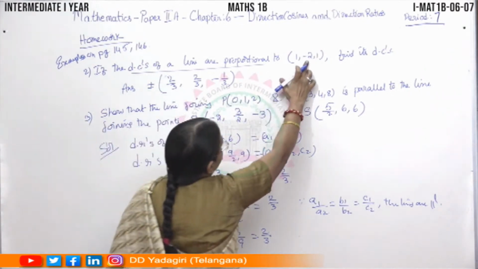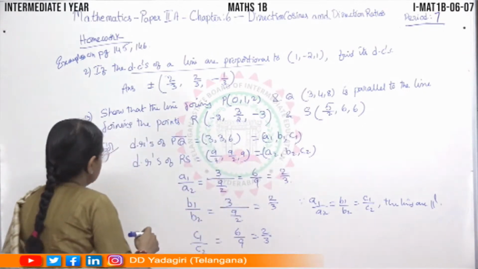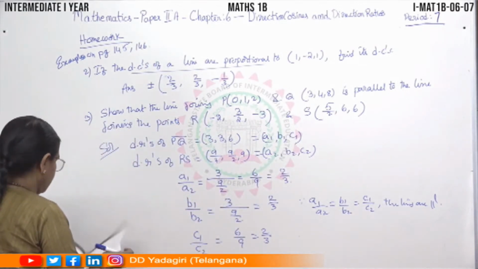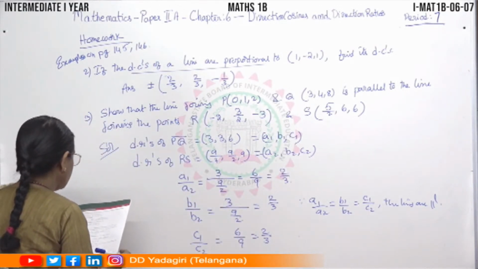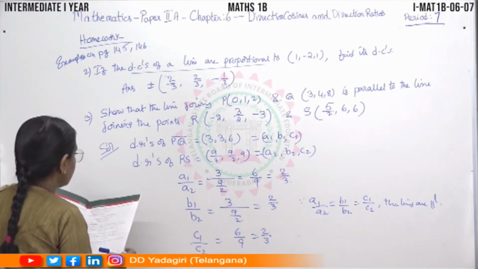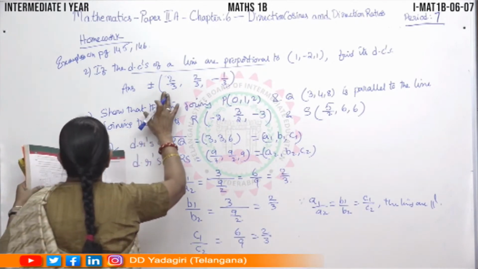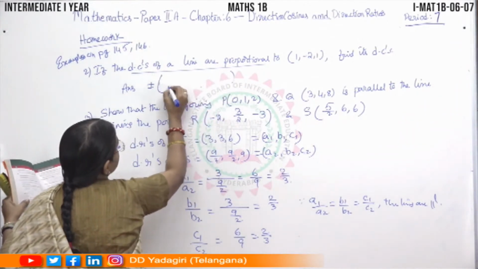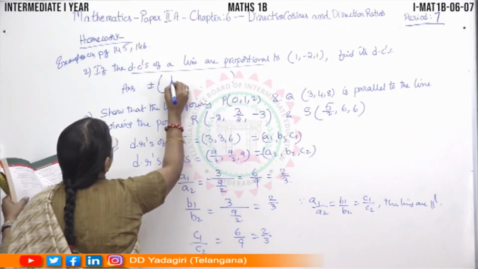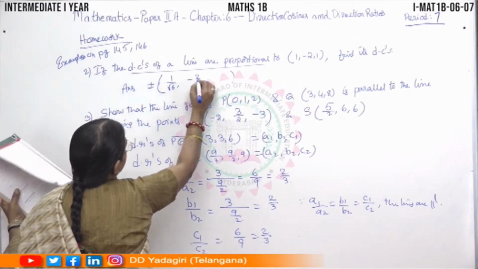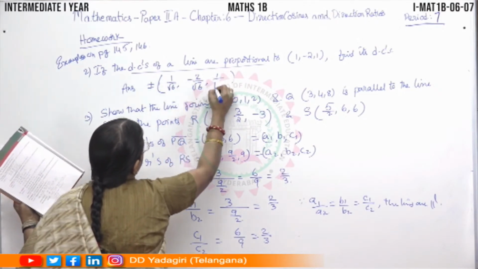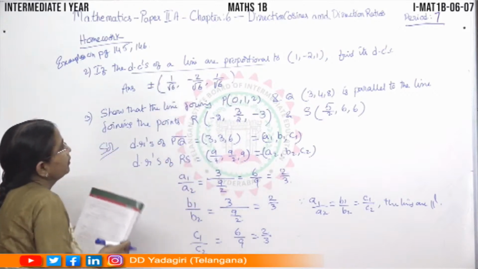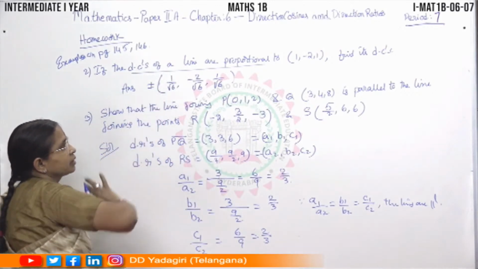So it should be root 6. Sorry, the answer should be plus or minus 1 by root 6, then -2 by root 6 and 1 by root 6. I wrote the first sum answer. Okay, these are the direction cosines.